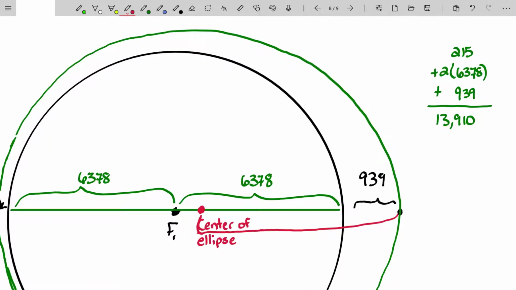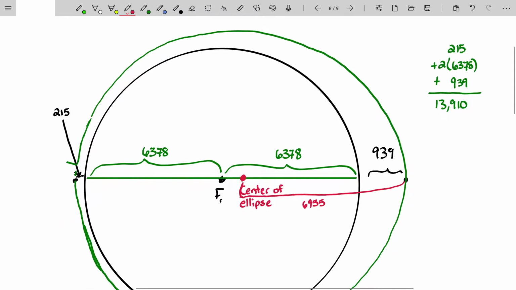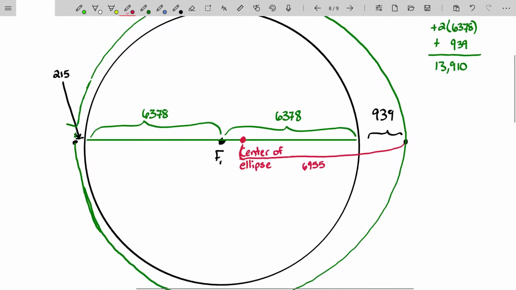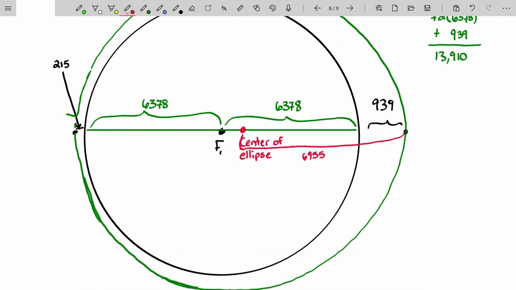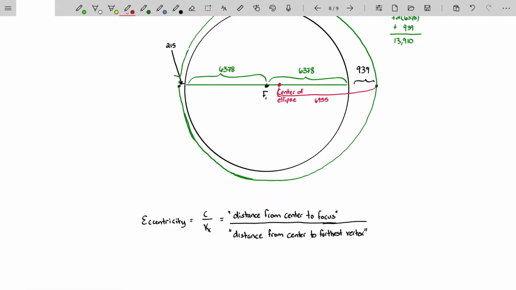Halfway between those, divide that by 2, is 6,955 kilometers. So the distance from the center of the ellipse to the edge of the ellipse would be 6,955 kilometers. That's the center of our ellipse right there. And that just means that our distance from center to the vertex is 6,955.